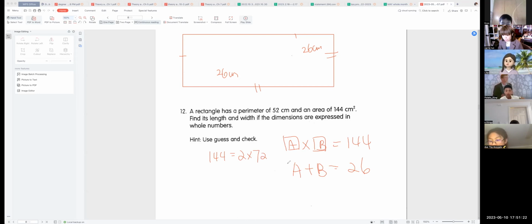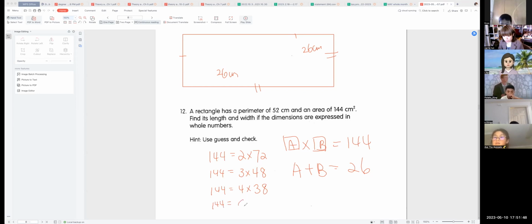But 2 plus 72 is not 26. Let's try again, 144 also equals 3 times 48. Adding them still doesn't equal 26. Let's keep trying. 4 times 36, is the sum 26? No, it doesn't equal 26 either. So can we keep going?